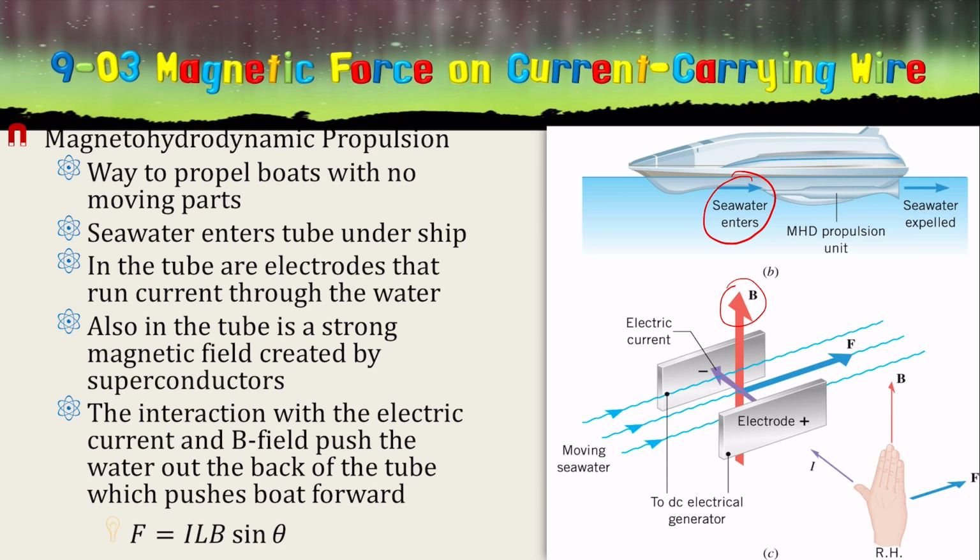This was the big thing of the old movie called The Hunt for Red October, where the Soviet Union had supposedly made a silent running submarine that used this magnetohydrodynamic propulsion. It's also a way you can use to move dangerous chemicals without moving parts.